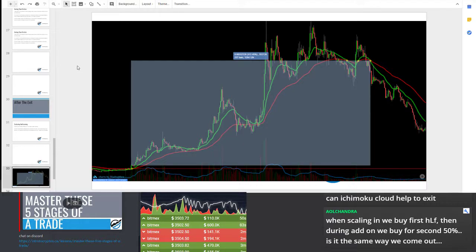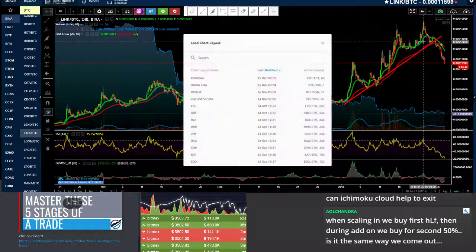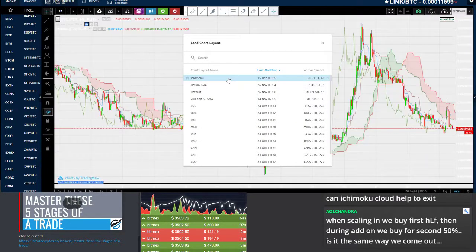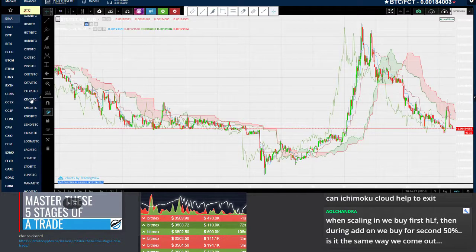Can the Ichimoku cloud help with the exits? It absolutely can. Let's take a look at LINK in the Ichimoku cloud. So I can download the Ichimoku cloud setup. Then I'm going to go back to Binance, Bitcoin filter.